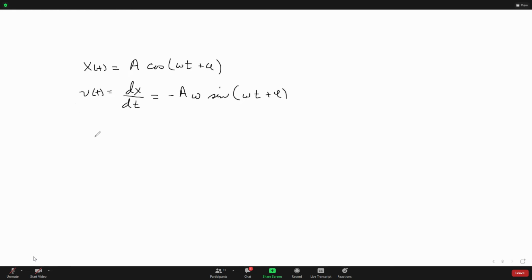And the acceleration as a function of time is going to be dv/dt. So that becomes minus A omega squared cosine of omega t plus phi.